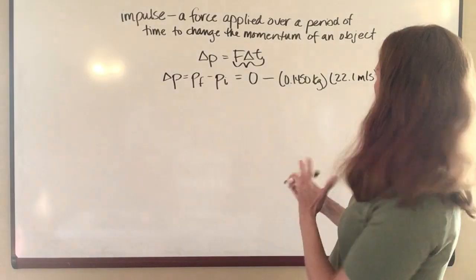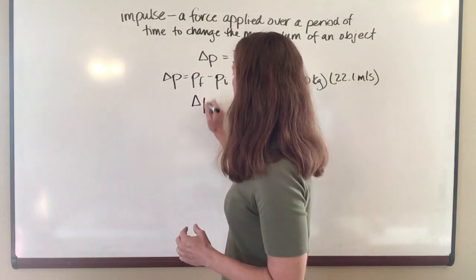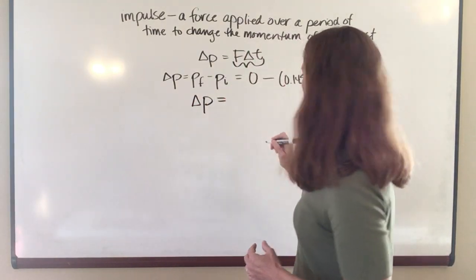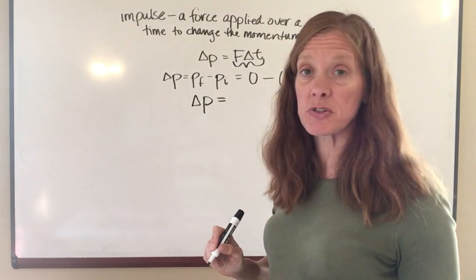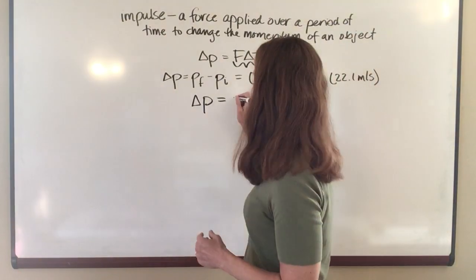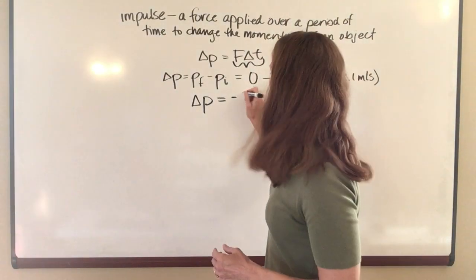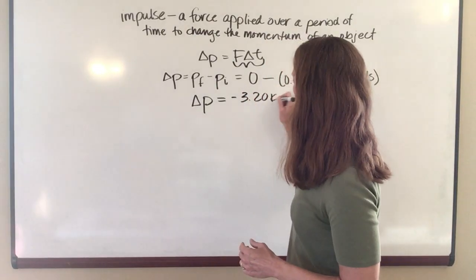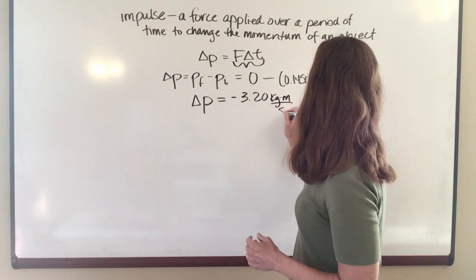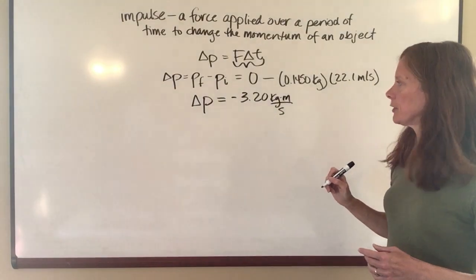Okay? So when I work these numbers out, I get a change in momentum, and you'll notice that this time it's going to come out negative. It's going to be negative 3.20 kilogram meter per second. I have 3 significant figures here.